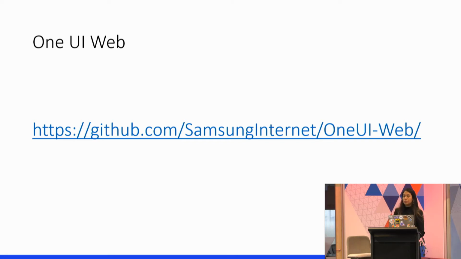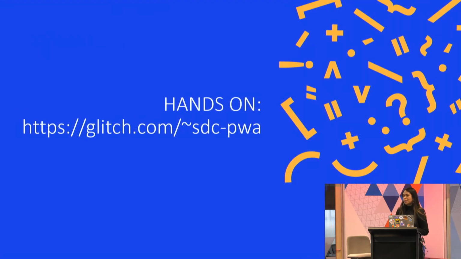It's open source, and we want to start building more demos, forms, and every kind of cool stuff, okay? And then we have some hands-on, okay? So we built a step-by-step guide in order to build your PWA today, okay?